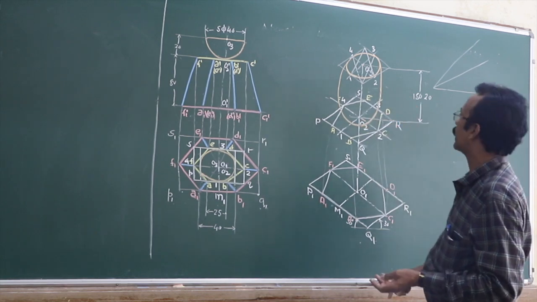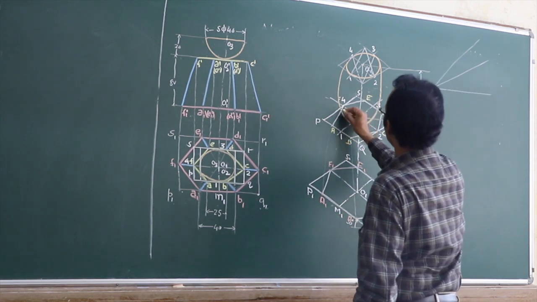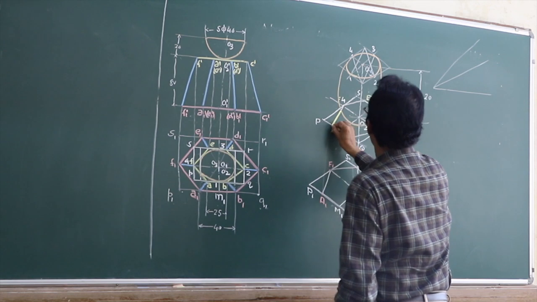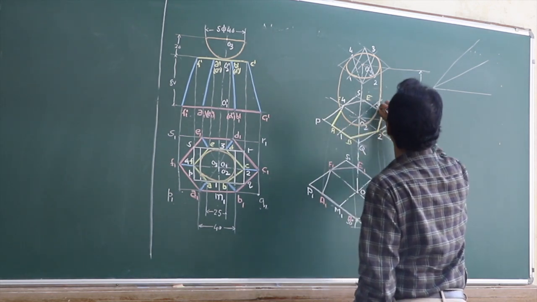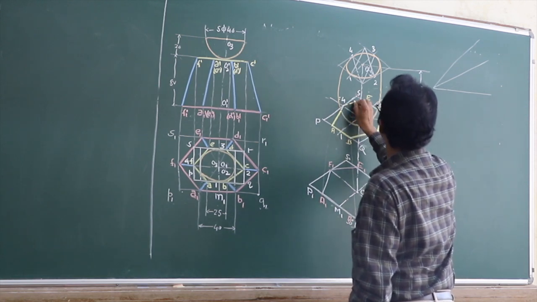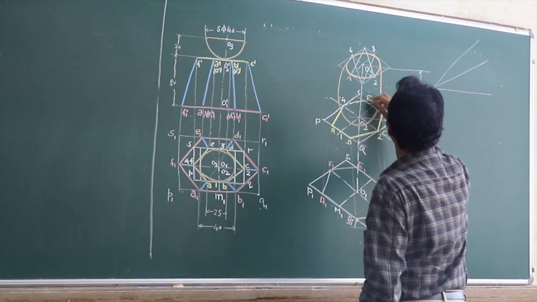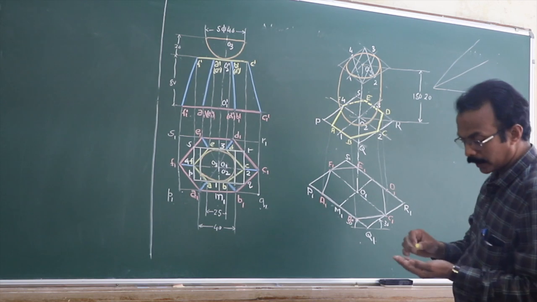Then coming to the top of the hexagon, whatever is outside the sphere, show it dark, right? And whatever is inside here, it should be dotted like this. Okay.